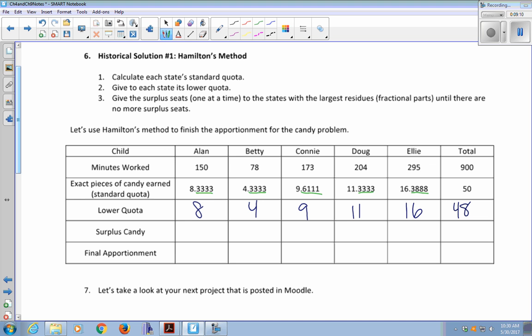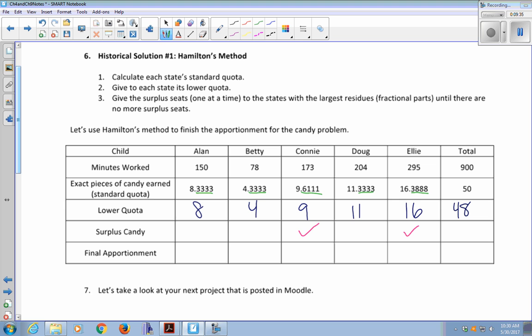Okay, so I have 2 pieces to give out. I'm definitely going to give one to Connie. That 0.6 is higher than all the 0.3s. And then I'm going to give another one to Ellie because 0.38 is bigger than 0.33. So Connie and Ellie were closest to getting another 18 minutes of work done. So they each get an extra piece of candy.